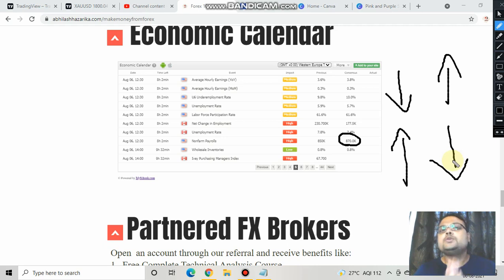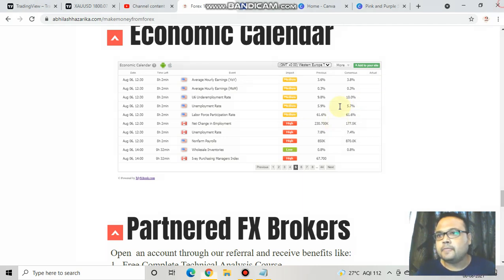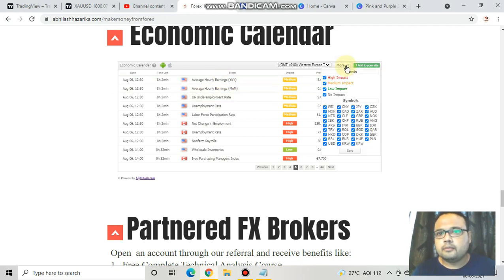I'll request you to make it a habit to go to the economic calendar in the morning and try to find out what the important events for the day are. You do not need all this information. Just go to the more option, uncheck the low and medium impact, and focus on the high impact news.